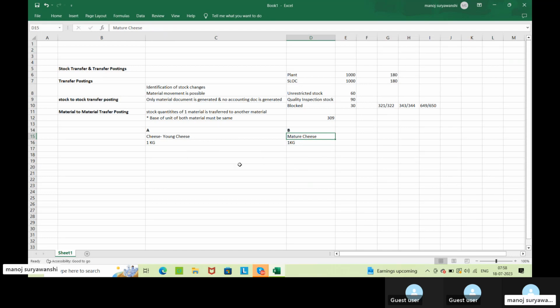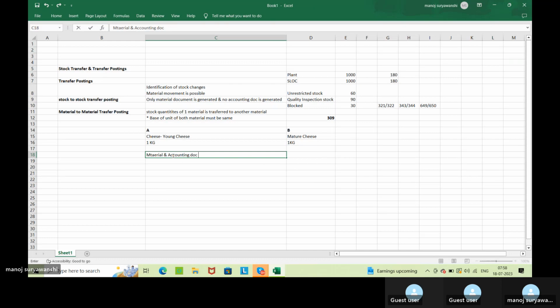So what we do is we use material to material transfer posting. Movement type 309. Now, when you post the movement type 309, both material and accounting document will get generated. How?